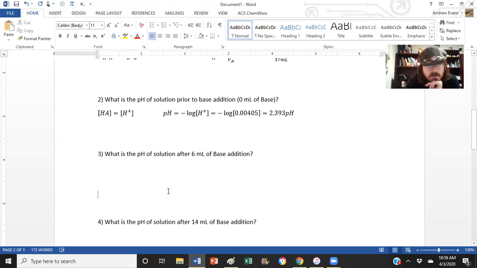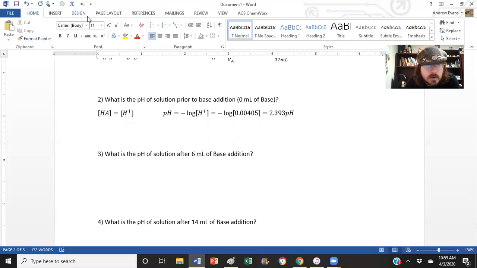Now, if this was a weak acid, 6 mL would be the half equivalence point. And because of that, this would be a special significant point in our titration, where half of the acid is neutralized by half the base.